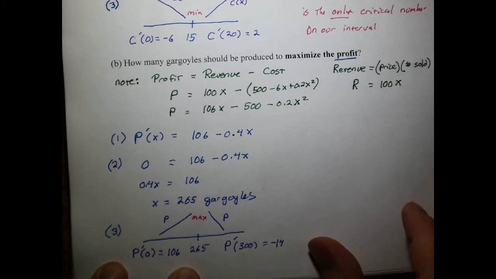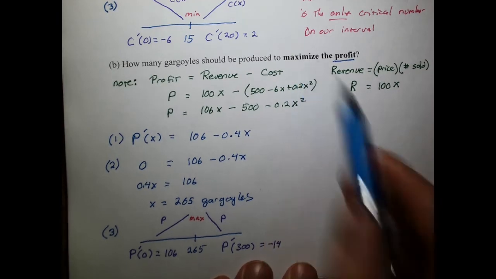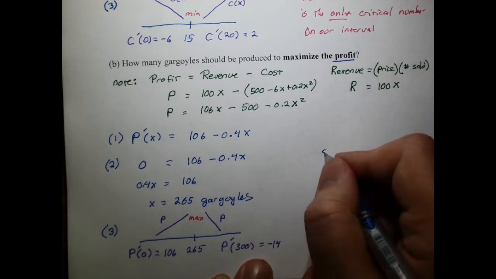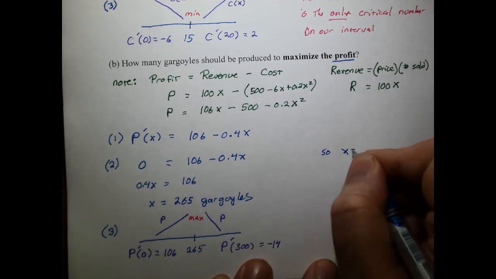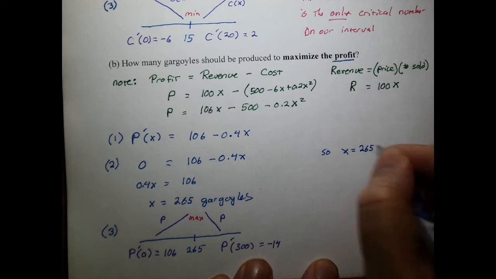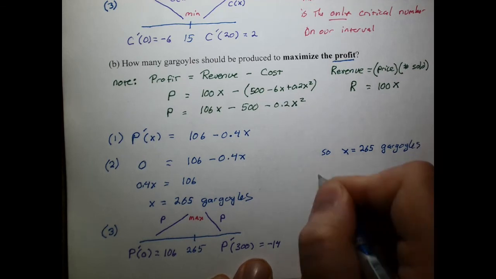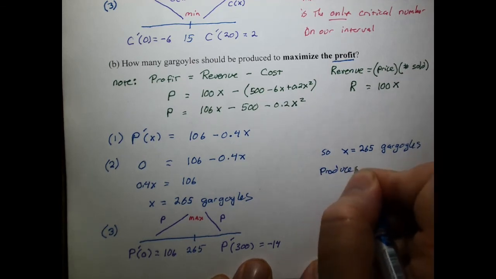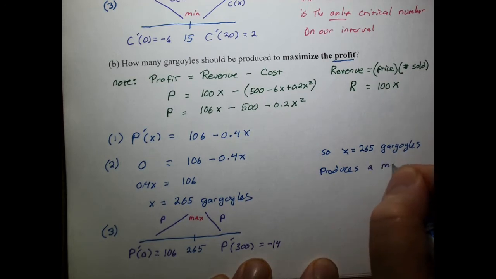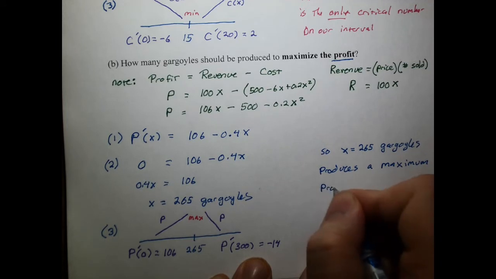And that's what we wanted to find. So x equals 265 gargoyles produces a maximum profit.